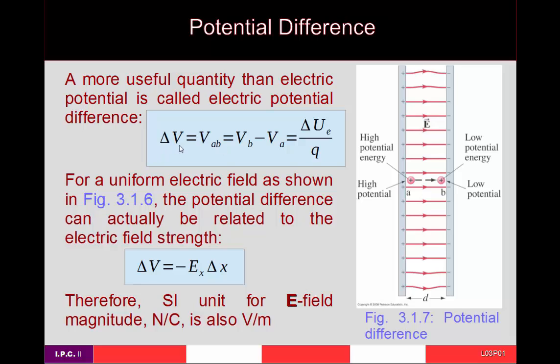And so this voltage drop, or this potential difference, is actually the change in potential energy per unit charge between points B and A. And again, if you have a uniform electric field, you can get that by taking the electric field strength and multiplying by the distance that the particle has moved along the electric field line.